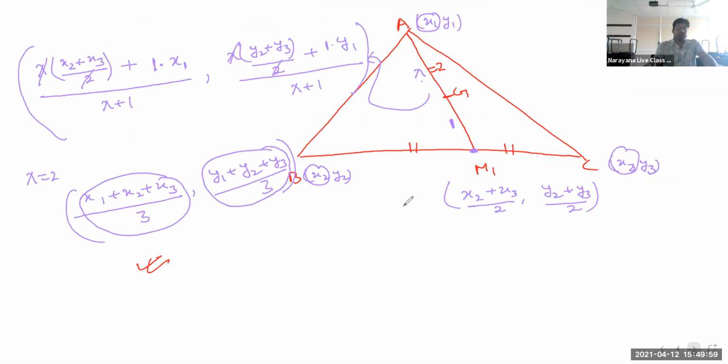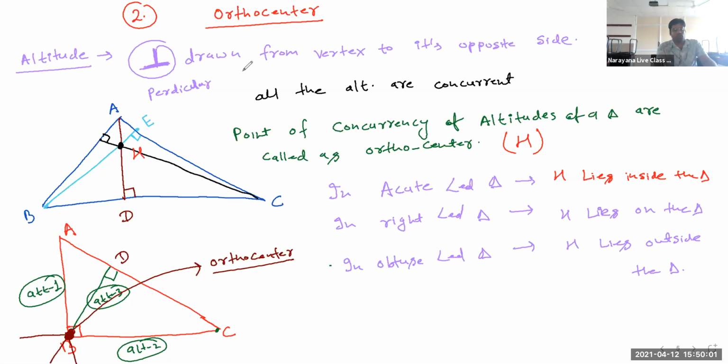Now, the second point was orthocenter. Orthocenter is the point of concurrency of altitudes.